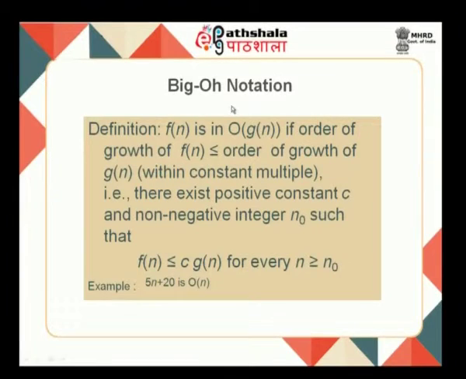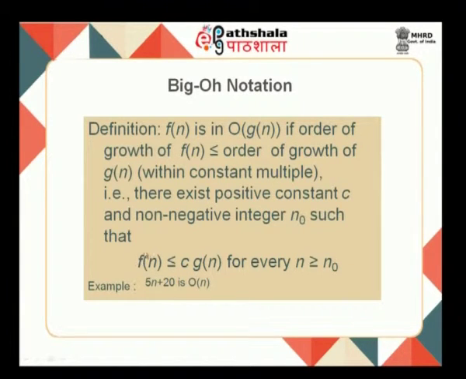So, we will discuss this one by one. First we will take the upper bound and see how this is represented by the big O notation. This is the formal definition. We can say f of n is in order of g of n if the order of growth of f of n is lesser than or equal to the order of growth of g of n within a constant multiple.